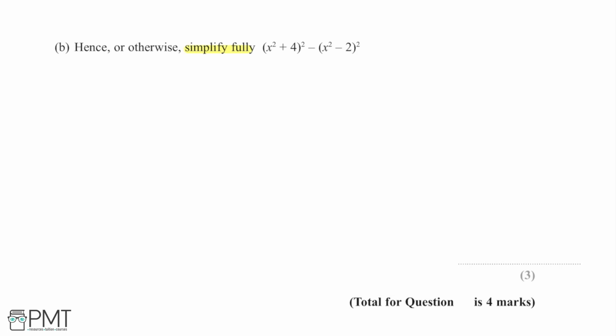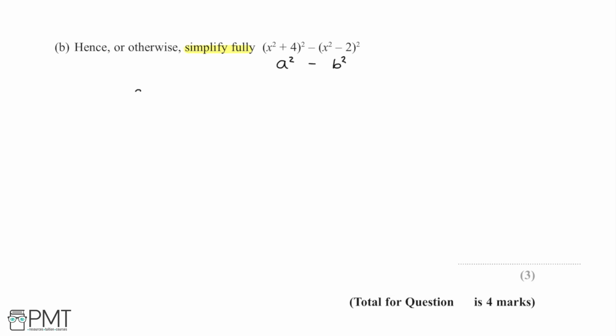So if I have a look at the brackets that we're working with, we have a square subtract another square, and although it looks a bit more complicated, it is again working with the difference of two squares. So we could write it out as a squared minus b squared.